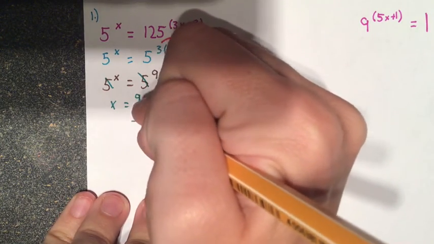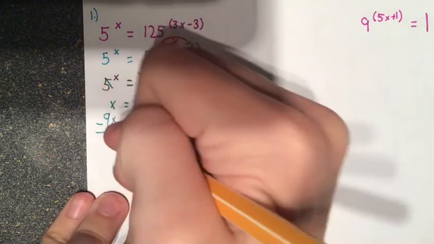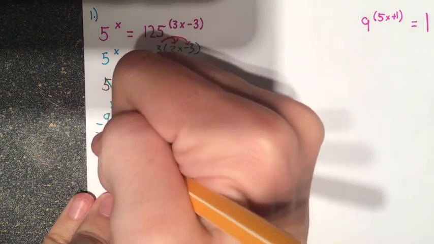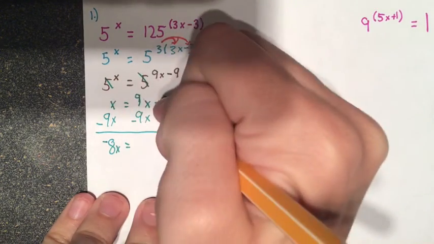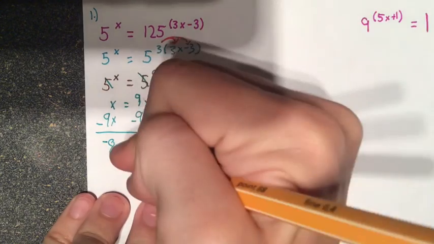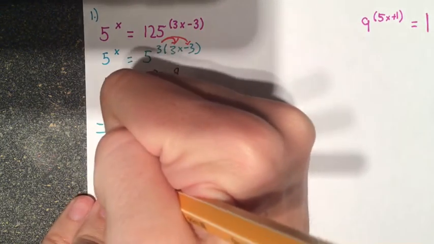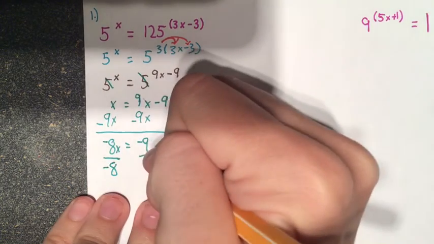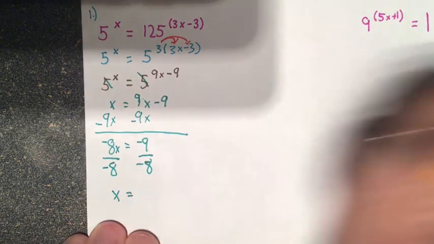So I need to subtract 9x from both sides. I have x minus 9x, which is going to get me a negative 8x is equal to what's left on the other side, a negative 9. I have to isolate my x, so I have to divide both sides by negative 8.